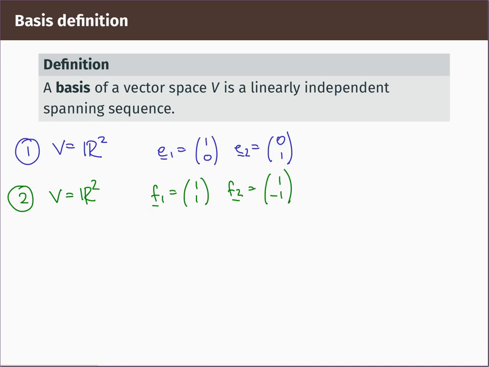What I'm saying here is that these are both bases for R squared. That's an important point: the same vector space may have many different bases. In fact, a non-trivial vector space will have infinitely many different bases.